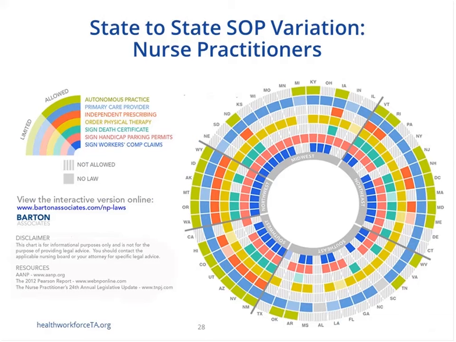And one of the things they realized is, given the variability in scope of practice for NPs, that they really needed to provide NPs information about what they could and couldn't do in the state that they were going to practice in. I really think it's a fabulous way to help policymakers and planners understand how variable things are. And again, that coupled with studies that show impacts of scope of practice restrictions on patient outcomes, really can drive home some important messages.